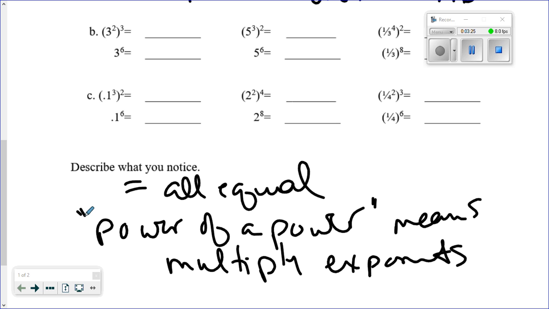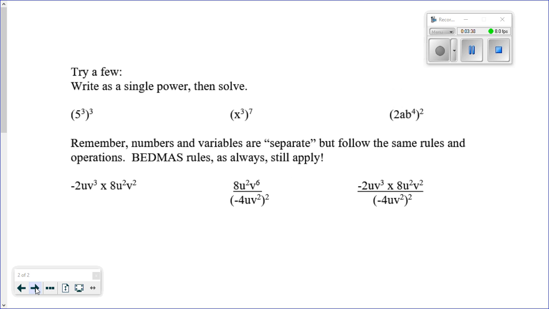When we have a power, and that's what we're looking at in these things, 0.1 to the power of 3, all of that to the power of 2, power of a power, we multiply the exponents. So with that in mind, try these.